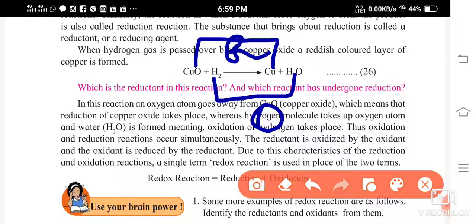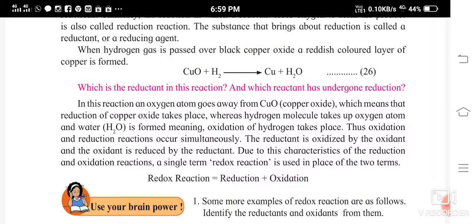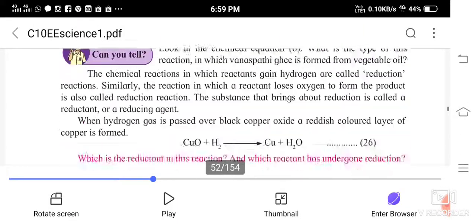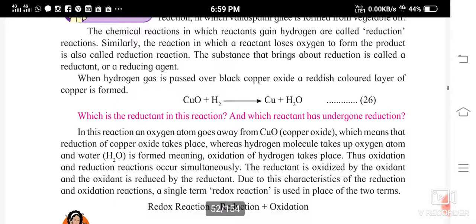So this is what type of reaction? An oxidation reaction. Now let us study further about oxidation and reduction when they happen together. Before that, let me show you one small clip regarding oxidation and reduction reactions.